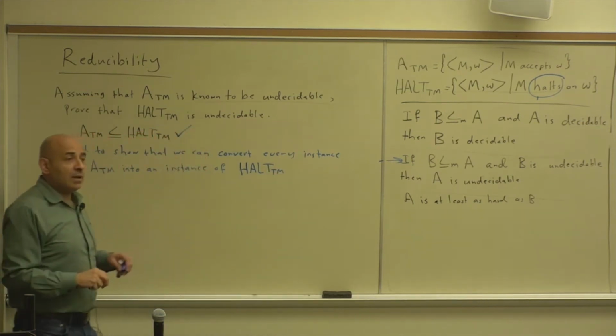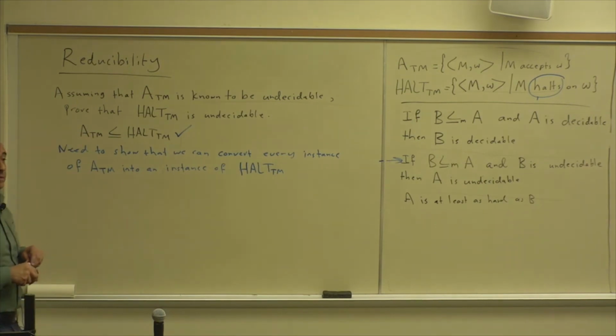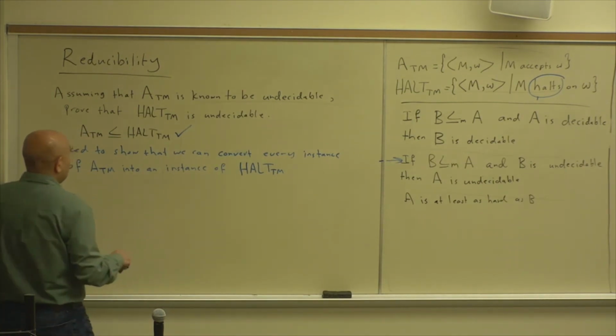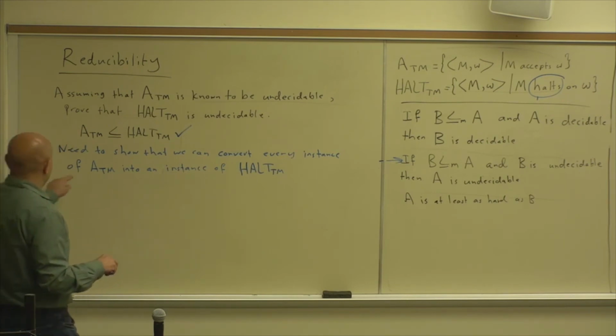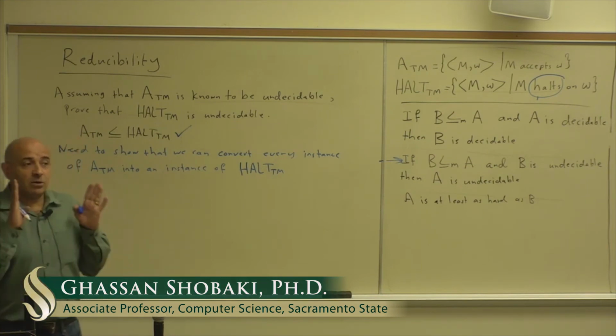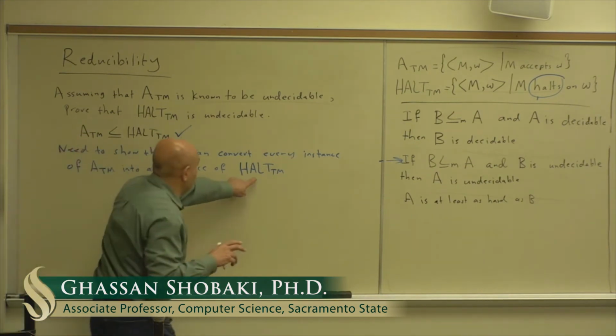How? Well, let's think about it in terms of programs first, before we think of it in terms of Turing machines. Now, to convert every instance of ATM into an instance of halt TM, I will have to assume that I have a solver for halt TM.